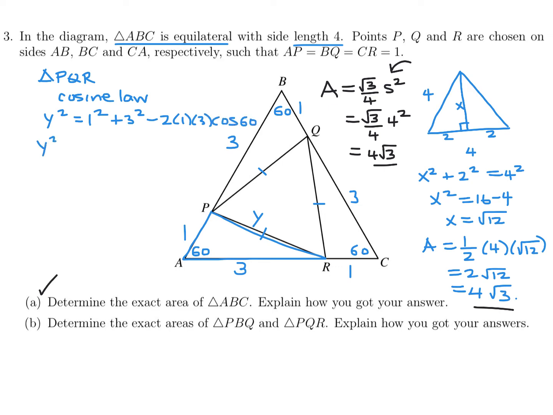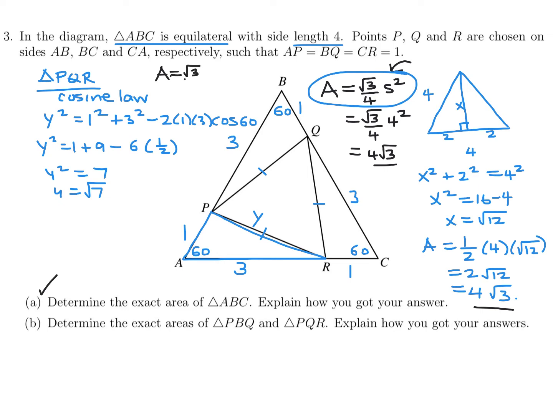So that means y squared is equal to 1 plus 9 minus 6, and the cos of 60 is a half, so y squared will be 10 minus 3, which is 7. So y is root 7. And then since PQR is equilateral, we can just use that formula to figure out the area. The area would be therefore just root 3 over 4 times s squared. S in this case is root 7.